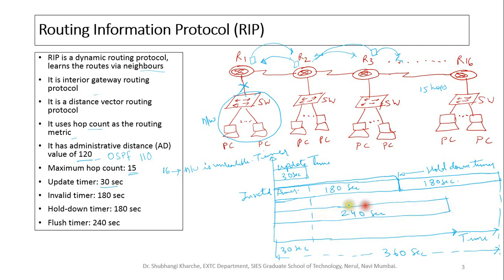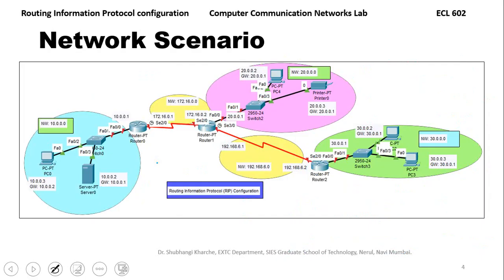So the flush timer is 240 seconds, during which the routers remove the failed route from the routing table. So these are the 4 timers in the RIP routing protocol.